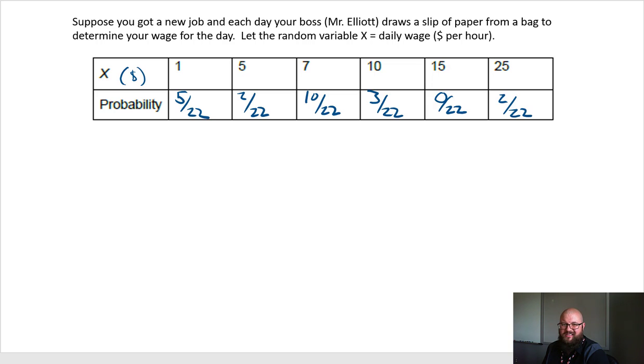So with this, let's go ahead and calculate, and then we'll interpret the expected value of x. So the expected value of this guy right here. Now that's going to be doing what we dealt with yesterday, right? We're dealing with our mean value, we're going to take the sum of our x values times our probabilities for those. So I'm going to write these out and we'll do those calculations.